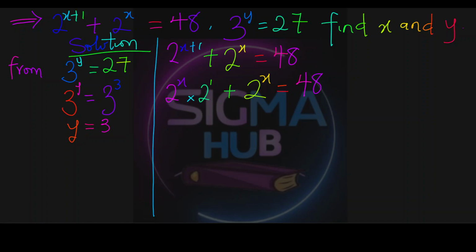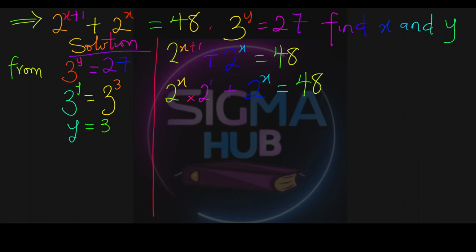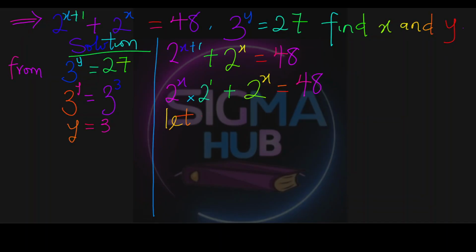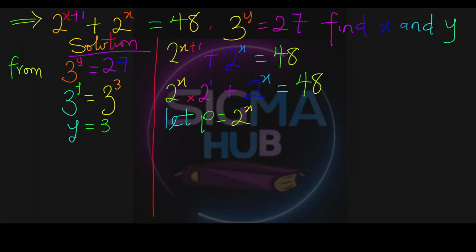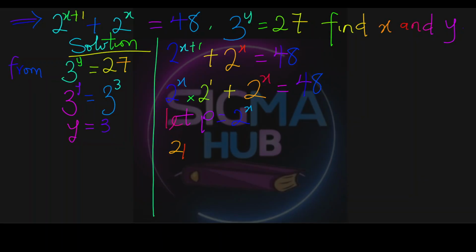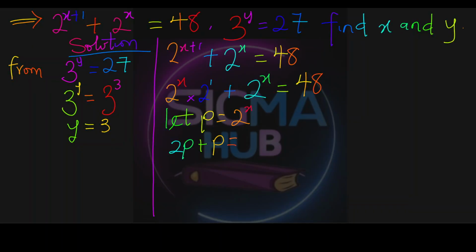But if you don't want to do that, you can also just factorize, since 2 raised to the power of x is common. So let p be equal to 2 raised to the power of x, such that we'll be having p times 2, that's 2p, plus p equal to 48.